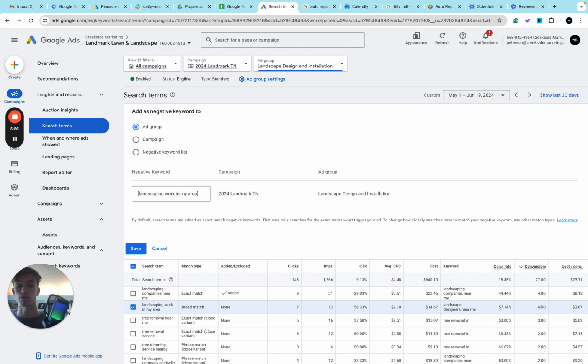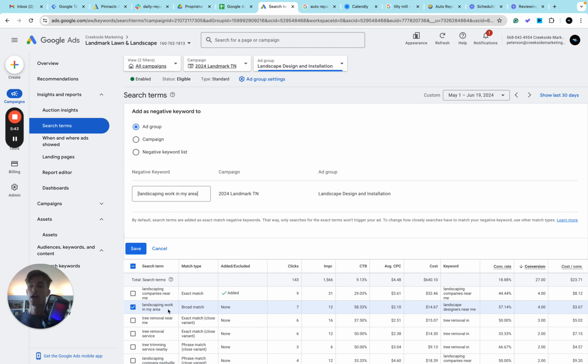Even though there are conversions, sometimes people can be dumb. That is just a rule of life, and it's definitely a rule when it comes to Google. If you see search terms, even if people are converting, it doesn't necessarily mean that it's something that you want to show up for.